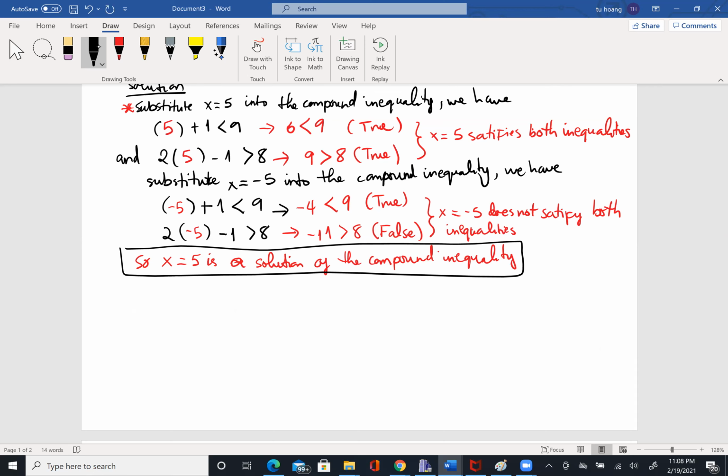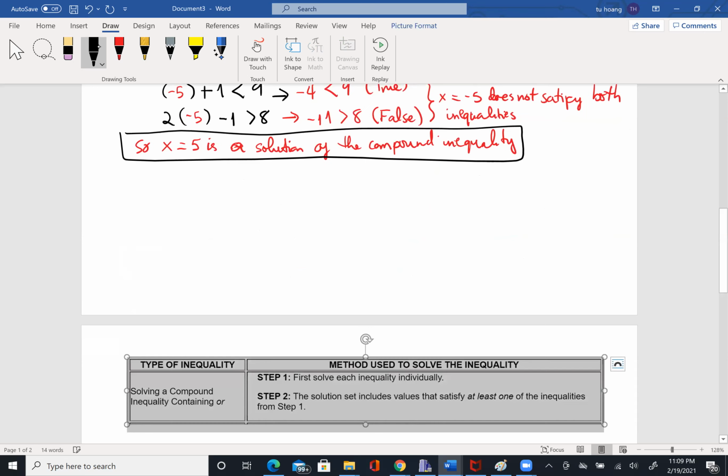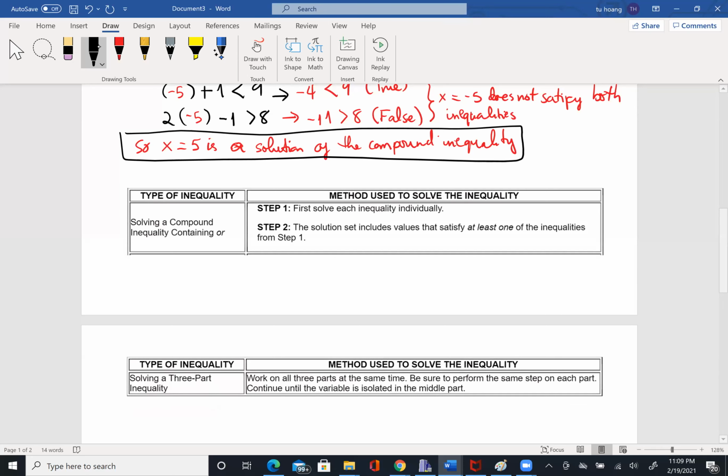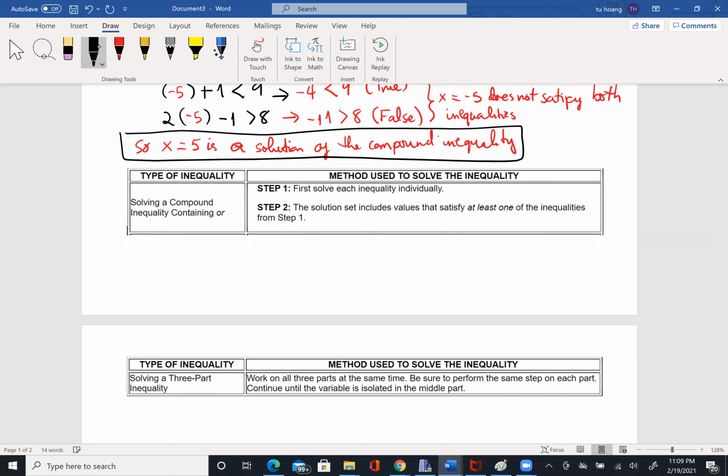Let's have another example and see what happens. But before having another example, I would like to talk about another case: solving a compound inequality containing "or". First step, you still solve each inequality individually, same as above.